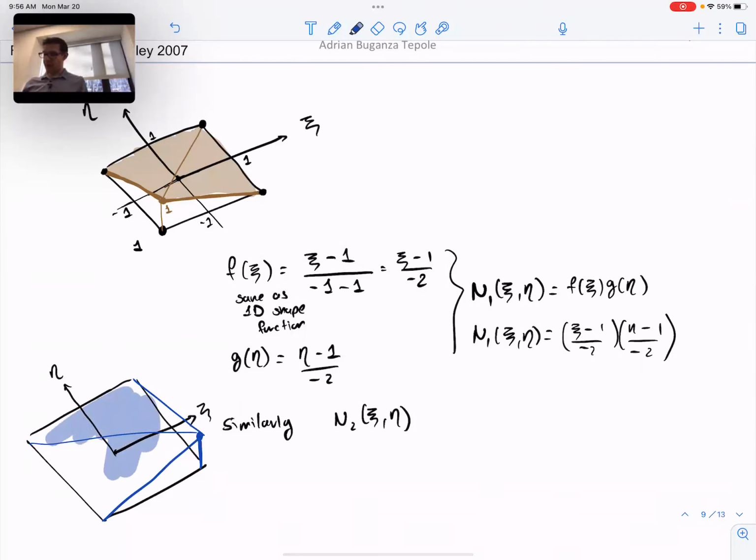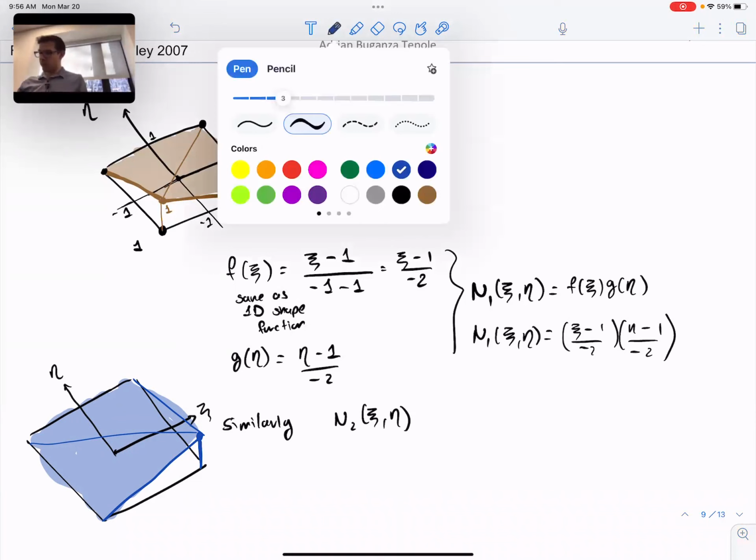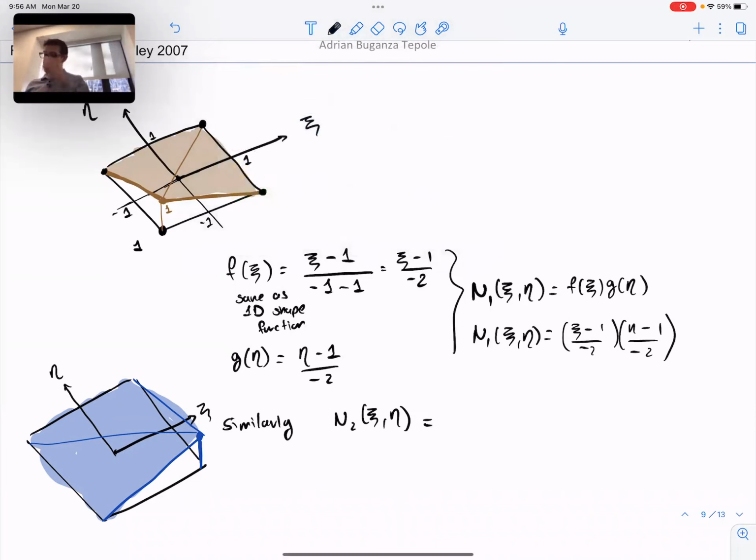So we want this function. And again, we're going to obtain that based on the 1D shape functions. So in this case, for psi, we want the second shape function, something that goes from 0 to 1.